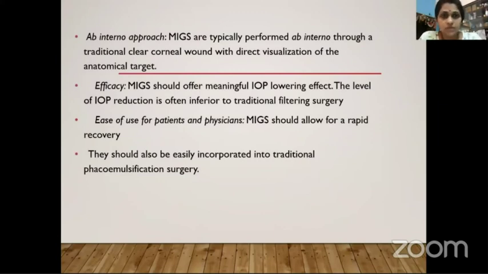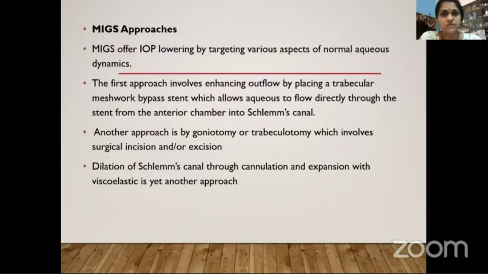Ab interno approach, as I already mentioned, through clear cornea, and efficacy is a meaningful IOP lowering, though traditional filtering surgeries are always much better done in good hands. Easy use and easily done by physicians as well, and it can be easily incorporated into traditional phacoemulsification, can be used as a combined cataract surgery along with cataract.